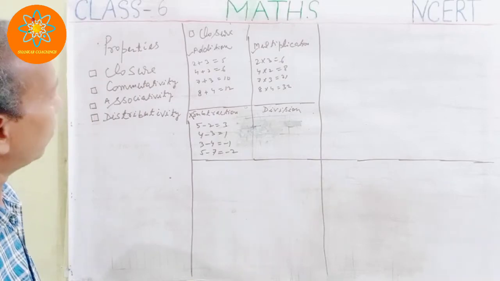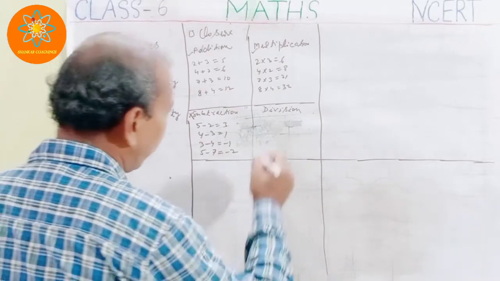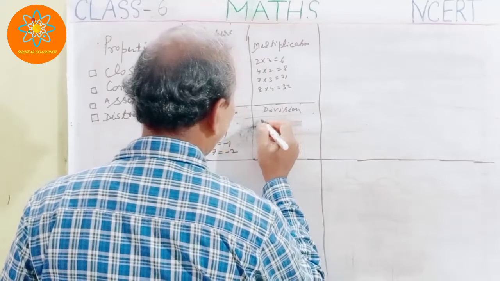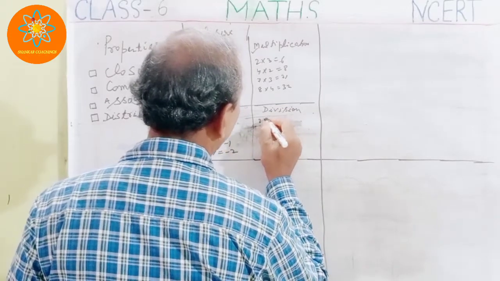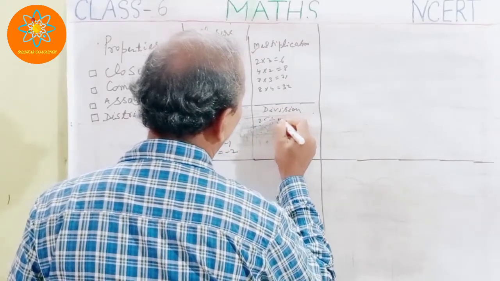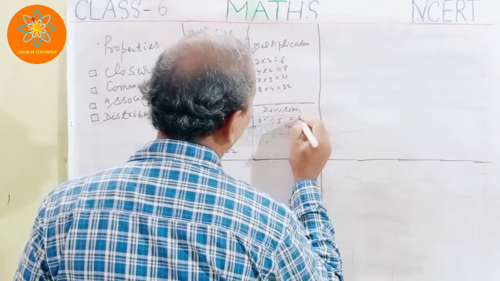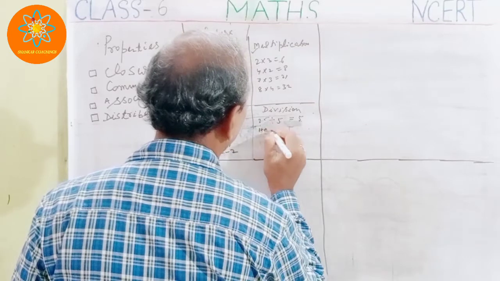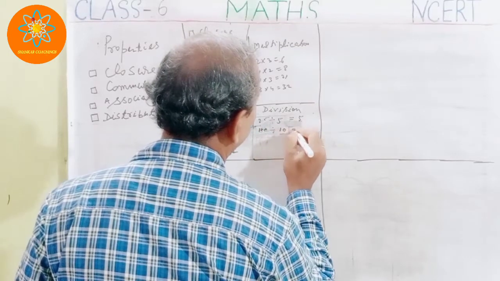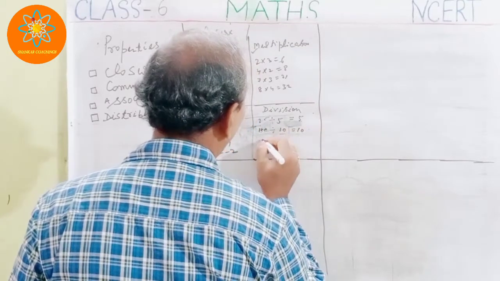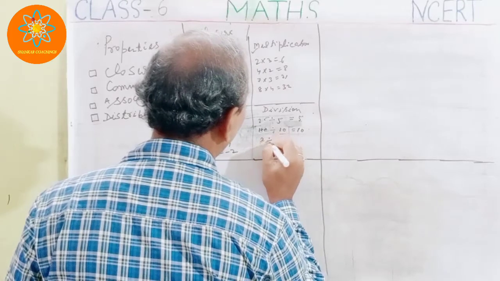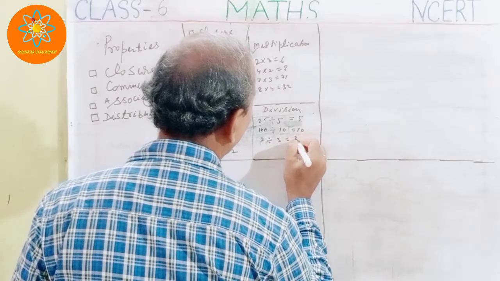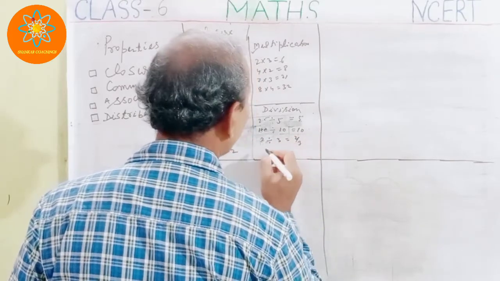Now come to division. Let's suppose 25 divided by 5. You are getting 5. Likewise, 100 divided by 10, you are getting 10. Now let's suppose 2 divided by 3, so it is 2 by 3.